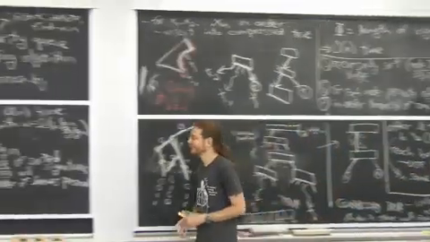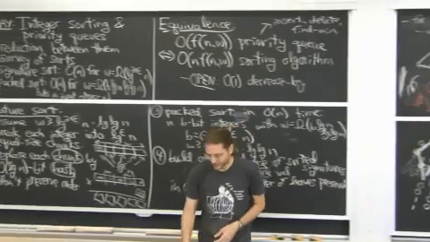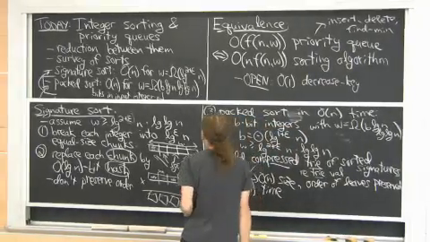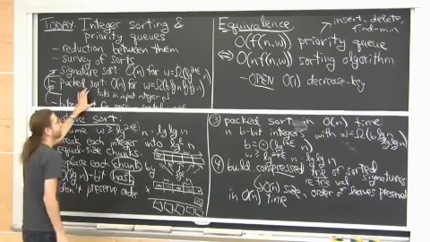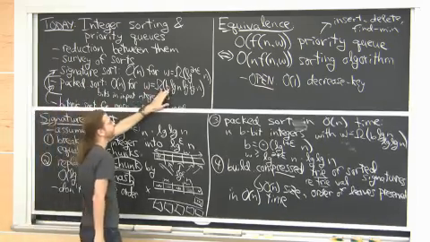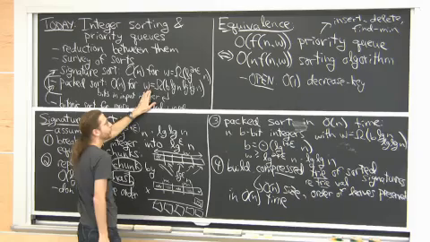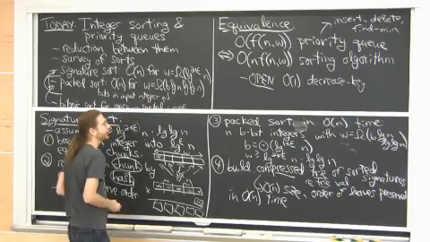OK, I think I've gone over this algorithm enough times. The next step is pack sorting. Now, if we have integers that are much smaller than our word, how do we sort in linear time?